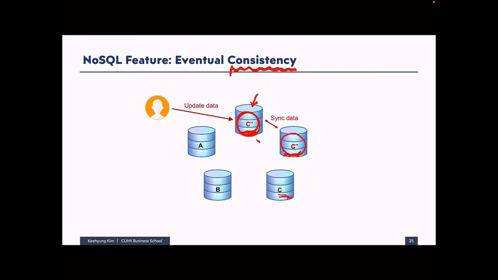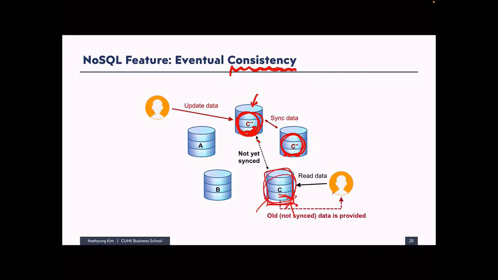They update this part to be consistent with the data stored here. At the same time, this database server is not synced yet, so it has old data stored. Another user may try to read part C of data, and we redirect him to this server. Then the problem is that what he sees as data is actually not correct. It's old data, not up-to-date data.